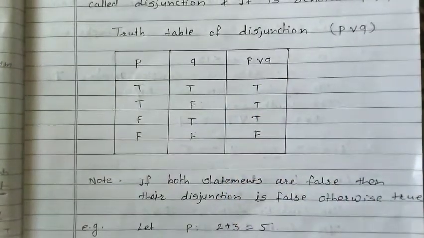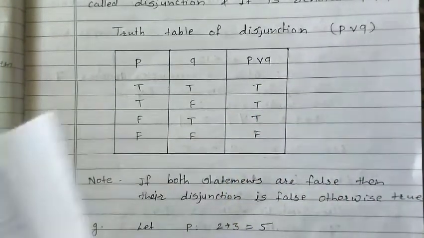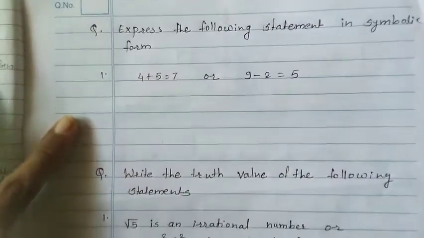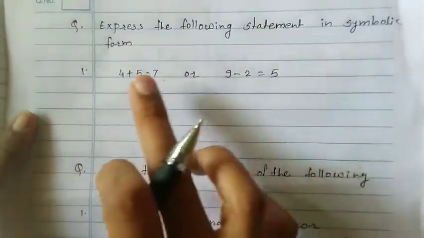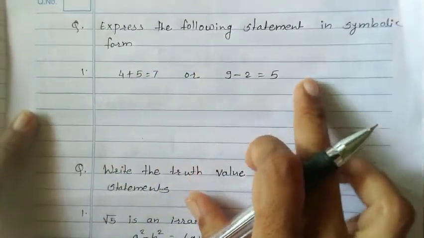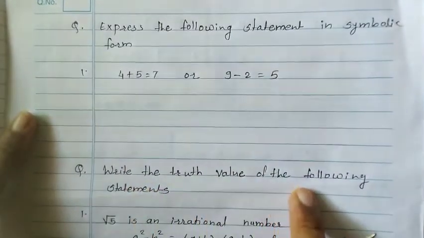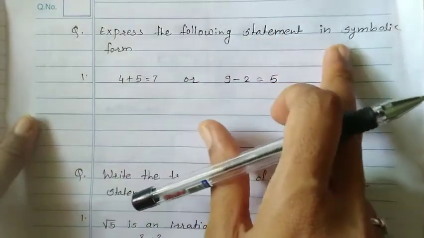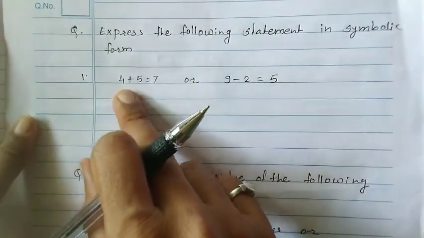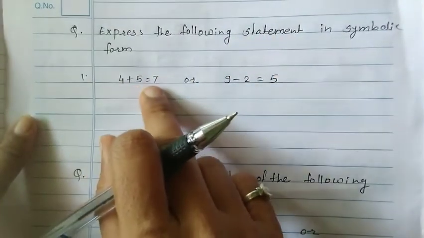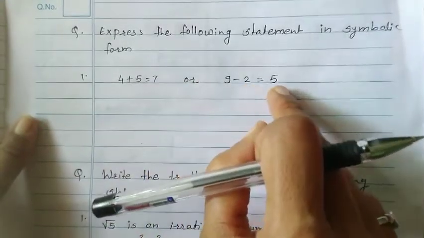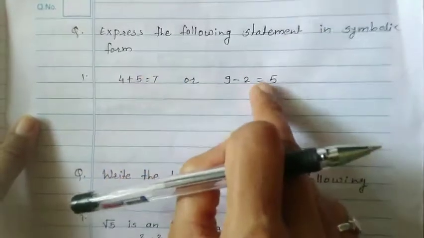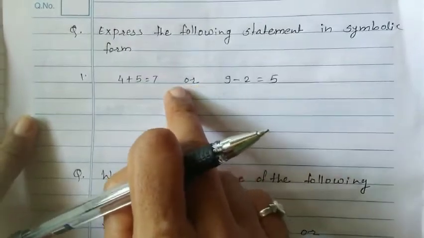Now look at the examples. Here also you are asked two types of questions. First, express the following statement in symbolic form, and second, write the truth value of the following statement. First example, 4 plus 5 equal to 7 or 9 minus 2 equal to 5. So there are two statements which are connected by the word or.